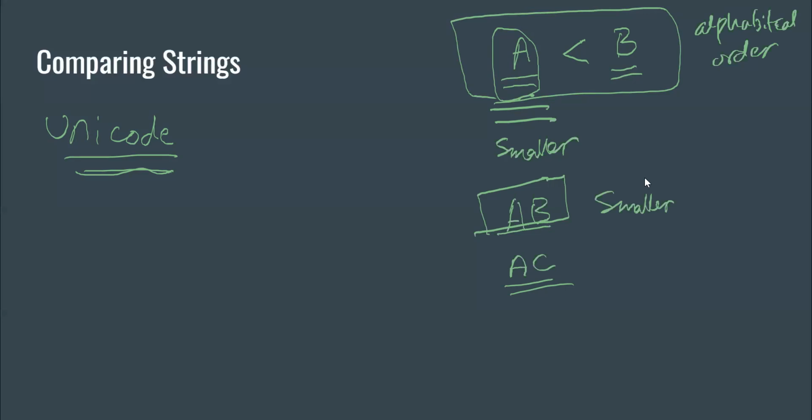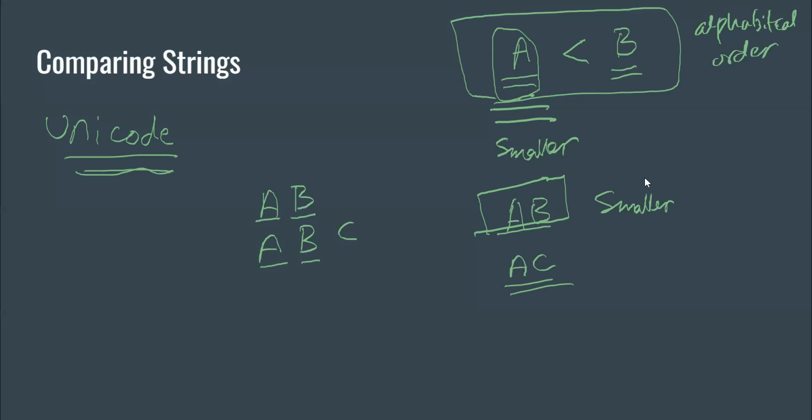Now, what about AB and ABC? What do you do with this? In this case, start by comparing the first two characters. They are the same, so you cannot make a decision. The second two characters are the same, you cannot make a decision.